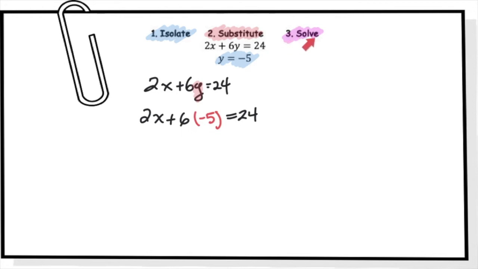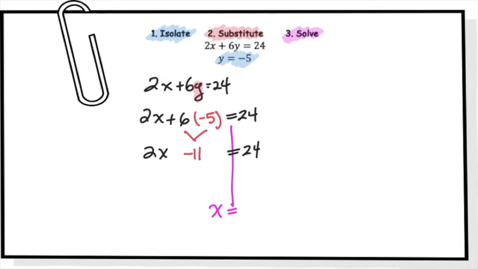So now we're just going to solve, meaning I need to know what x means. First, I need to multiply, because multiplication comes first. 6 times -5 is -30. I still have my 2x equals 24.